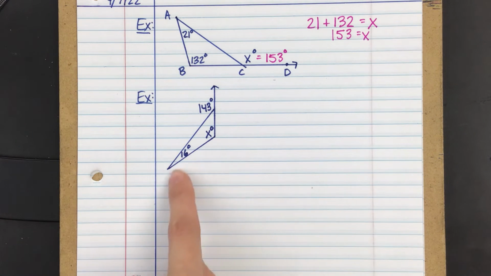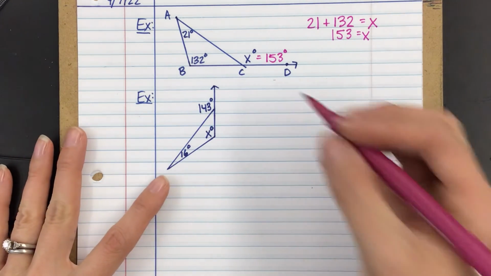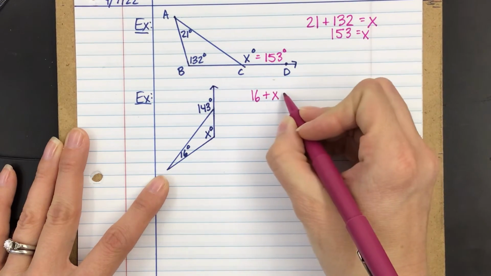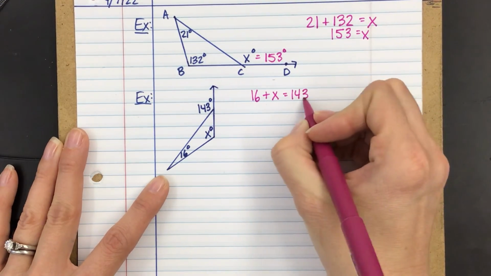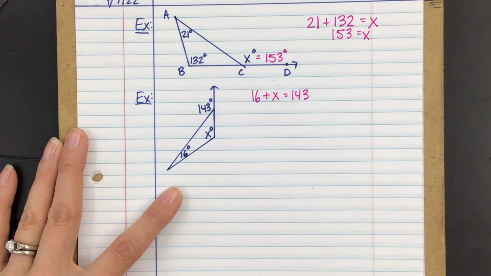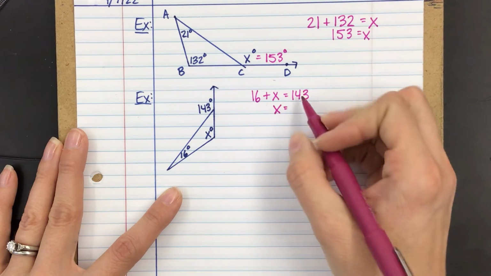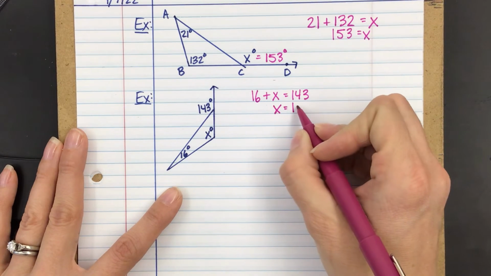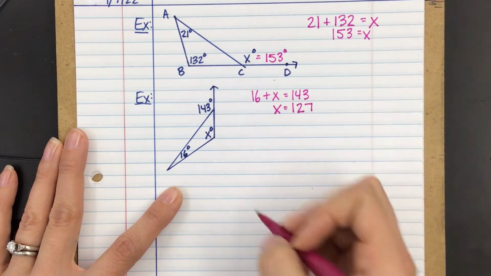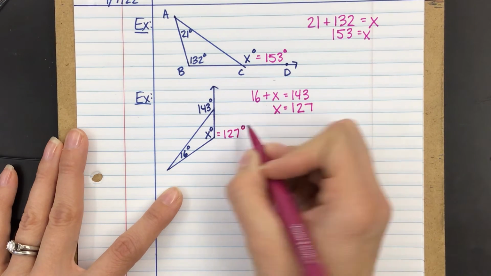We can add these two remote interior angles and set it equal to our exterior angle. So this will be 16 plus x is equal to 143. Okay. And then we just solve for x. I'm going to subtract 16 from both sides, and I'll get that x is equal to 127, thank you. Okay, so x is equal to 127 degrees.